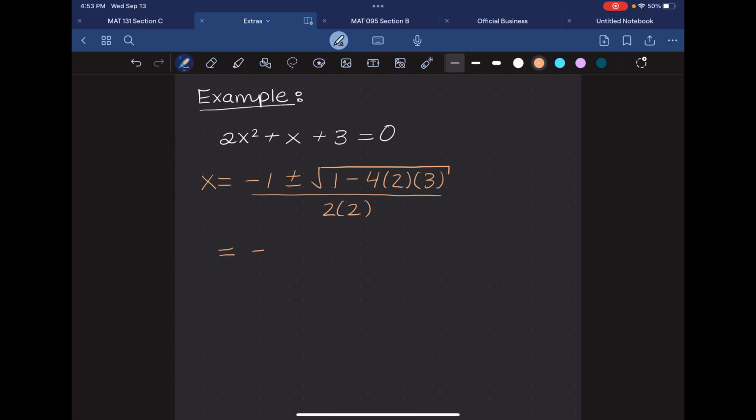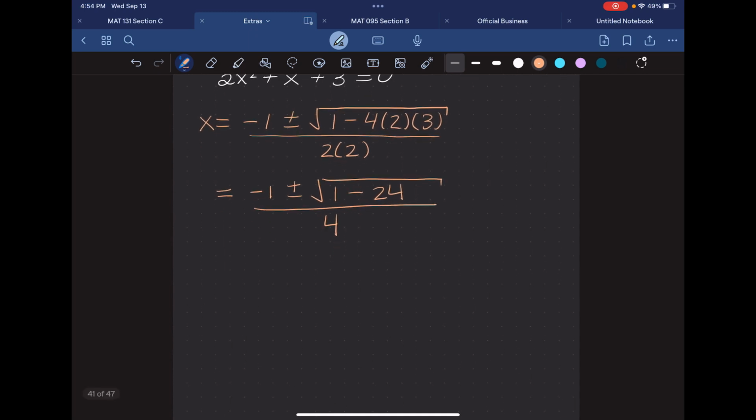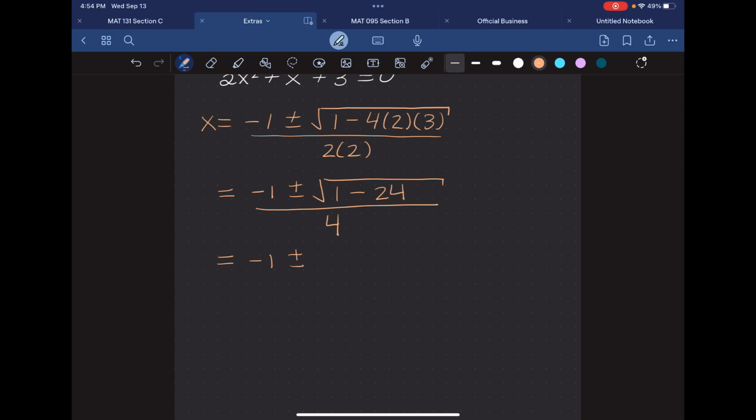So then I write this is equal to negative 1 plus or minus the square root. I've got 1 minus 4 times 2 times 3, which is 24, all over 2 times 2, which gives me 4. I keep going. I get negative 1 plus or minus, and now things get a little strange.